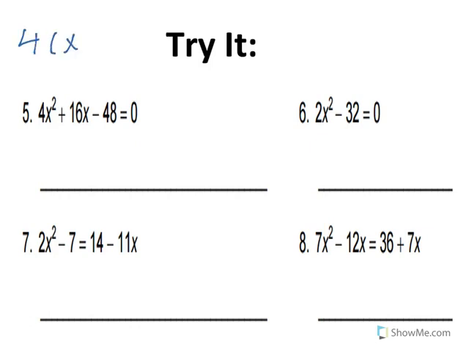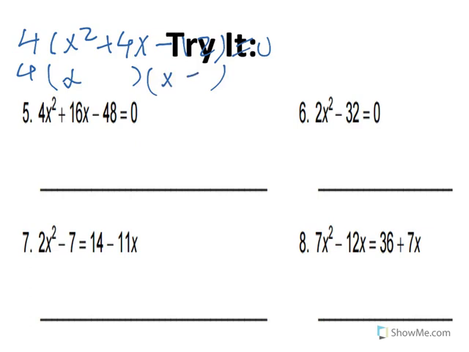That gives us x squared plus 4x minus 12 equal to 0. This can be factored in the form x and x. We need a negative 12 and a positive 4, so we can have a positive 6 and a minus 2. So x equals 2 or x equals negative 6.